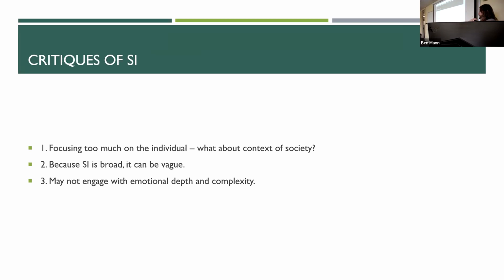But again, symbolic interaction as a theory, as a broad understanding of our relationships, can sometimes miss some nuance here. And one of the other challenges of developing and conveying symbols is emotional depth and complexity, right? Oftentimes, it's not just about our stable set of views, but how we're feeling at the moment.